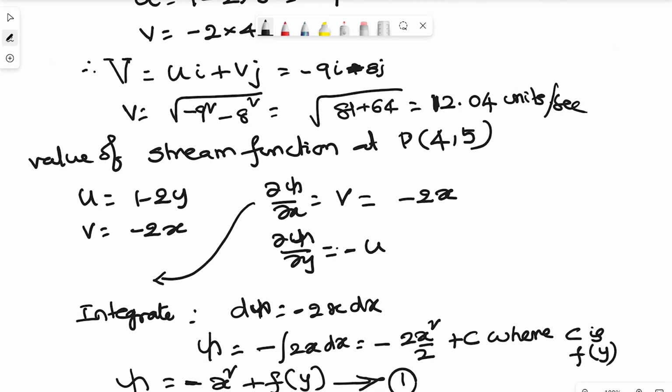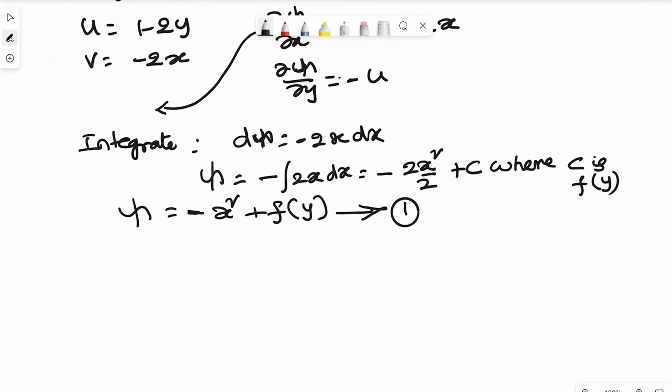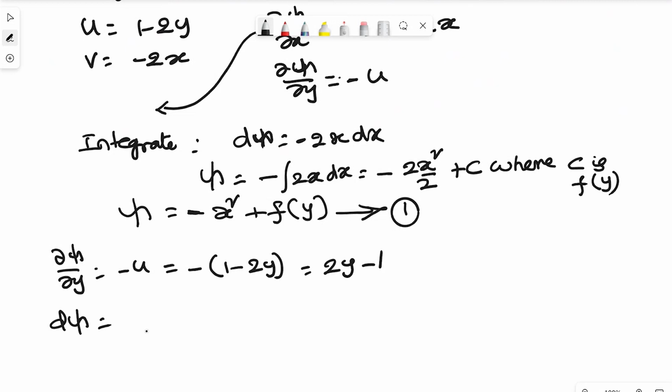Then take the other equation. Dou psi by dou y is equal to minus u, which is equal to minus of 1 minus 2y. So it is equal to 2y minus 1. Therefore, d psi is equal to 2y minus 1 into dy, that is equal to 2y dy minus dy.